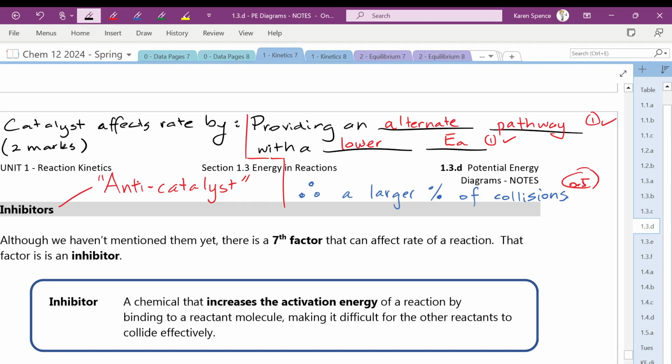Yes, have sufficient energy to be successful. And that would be your other 0.5 marks. Now you've sort of covered everything.